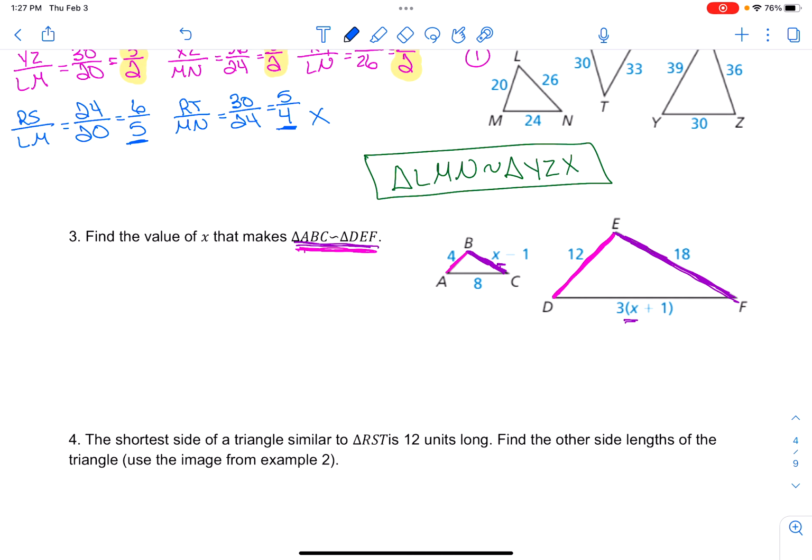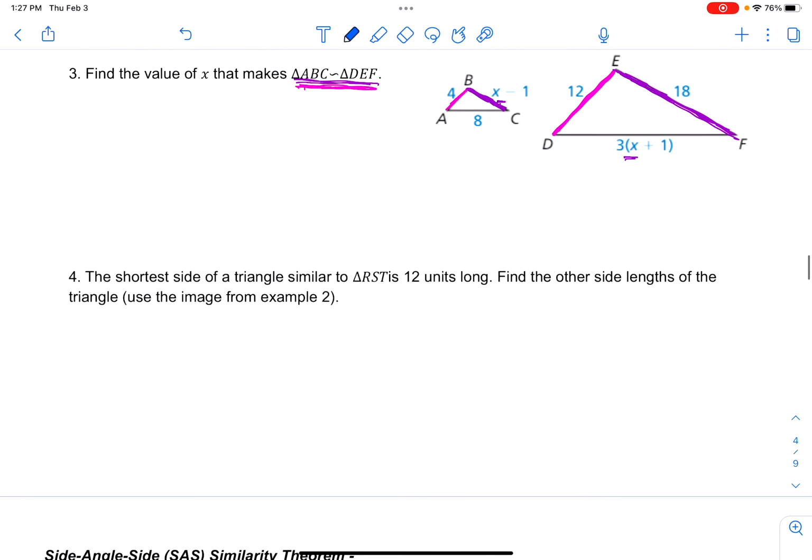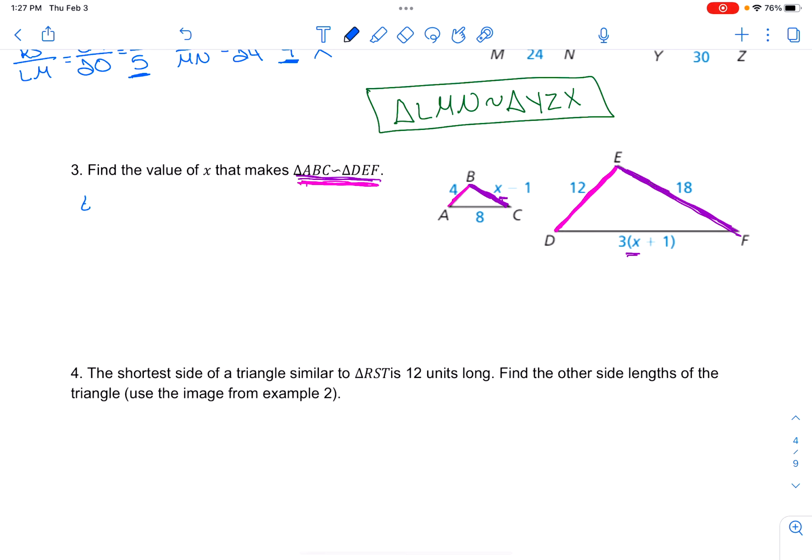So from that information, we can set up our proportion very similar to our previous lesson. So we have ED is similar to BA, which gives us 12 over 4.